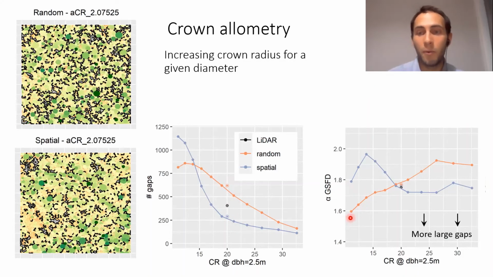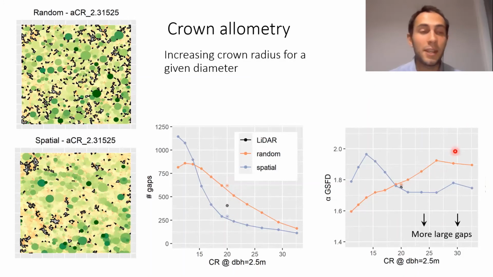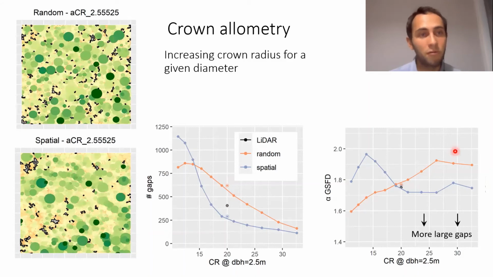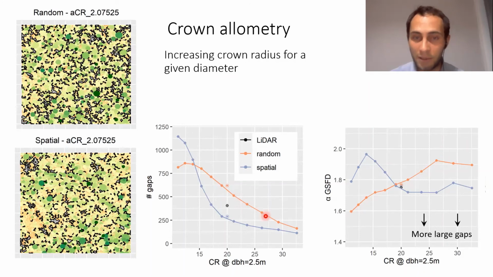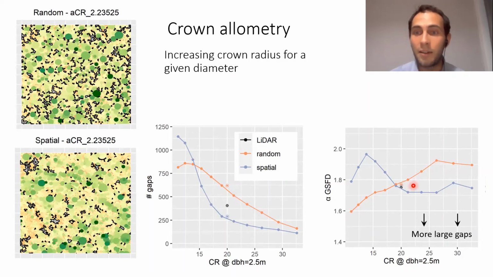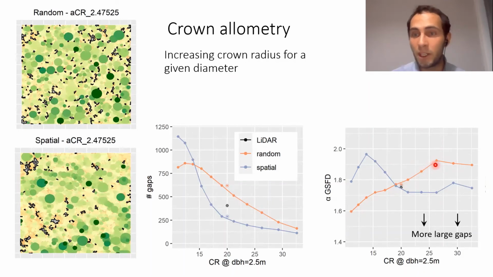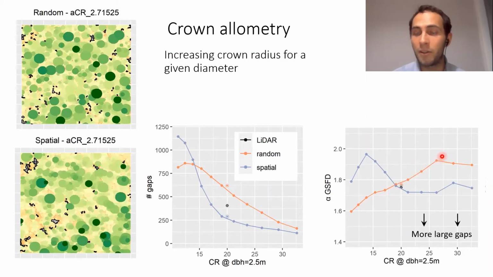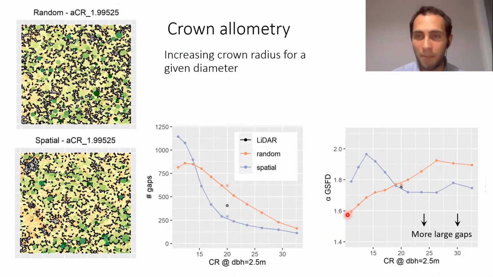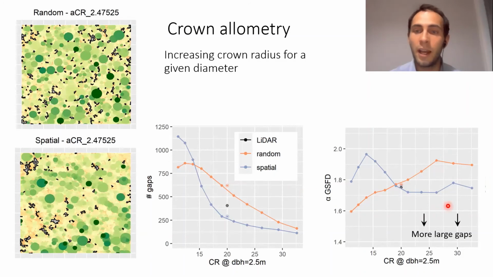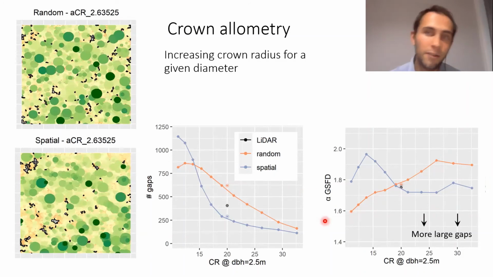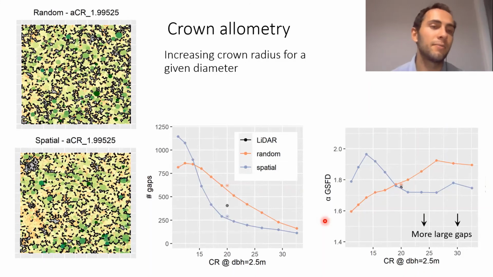And therefore, when you increase the crown radius, the crowns grow into those gaps. And so the number of gaps decreases quite fast, and the gaps which are remaining become smaller. So that's why the alpha goes up. And the same happens in reverse. When you decrease the crown radius, you get fewer gaps, and they are generally larger. So the random one is quite easy to understand.